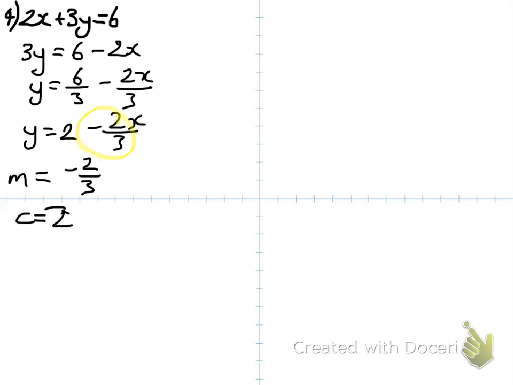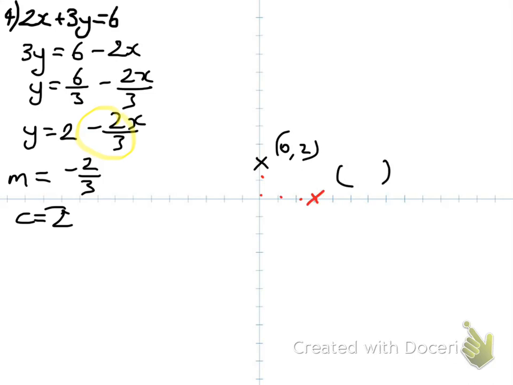Go and plot my y-intercept of 2, so there it is there, and I'll call it 0, 2 as a point. Use my gradient, which is negative 2 over 3, which means come down 2 and then run 3 spots to get my next point. Label it.